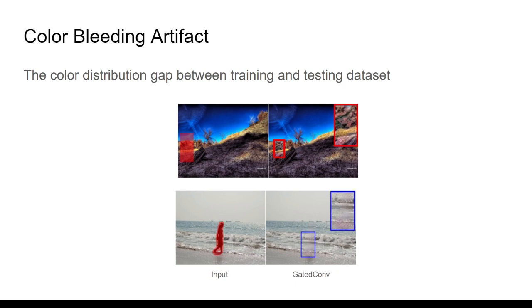We can see that for these two inpainting images, there is an unnatural pink color in the inpainting area. This is mainly caused by the color distribution gap between training and testing datasets. On the other hand, these kinds of color bleeding artifacts seldom appear in the learning-free method.